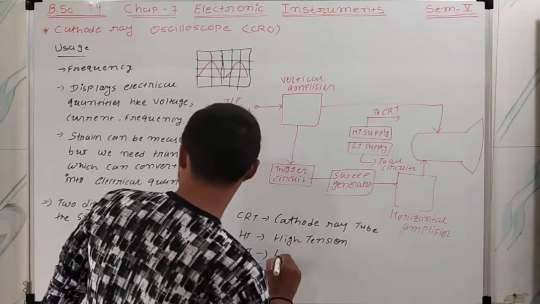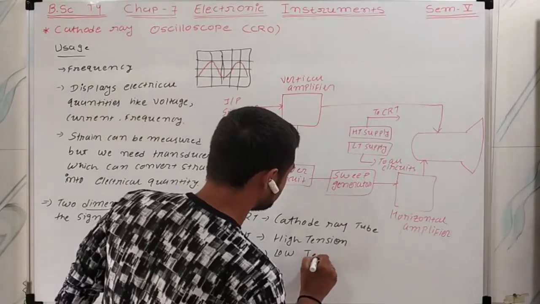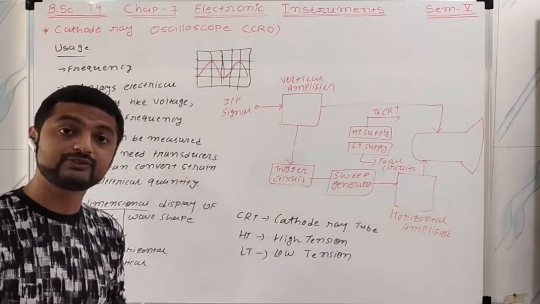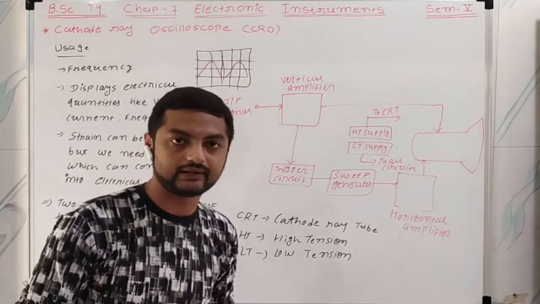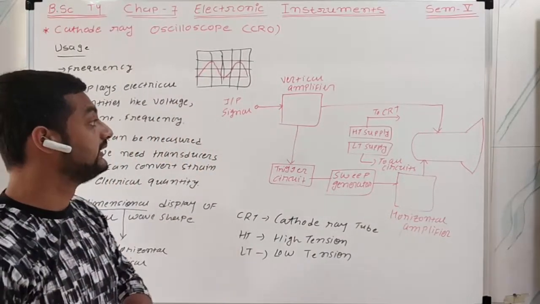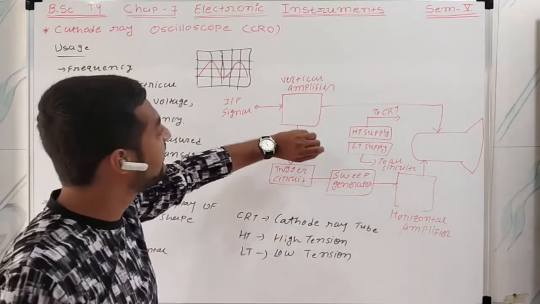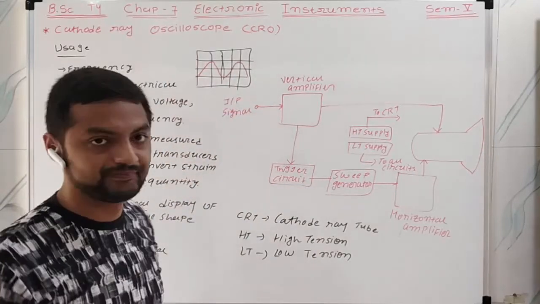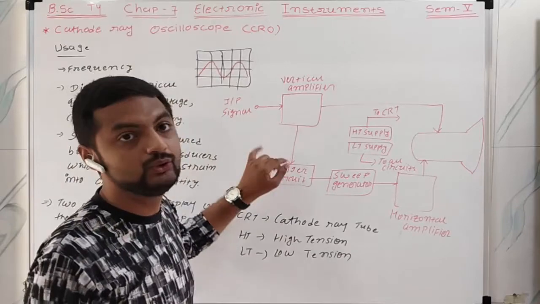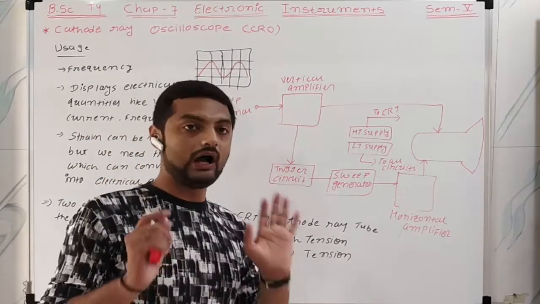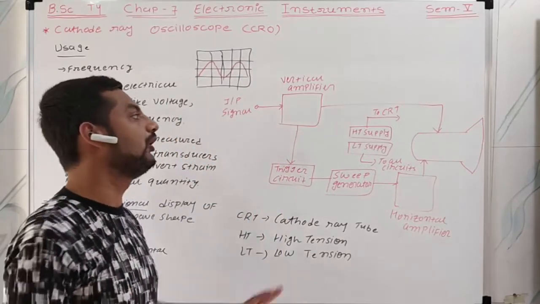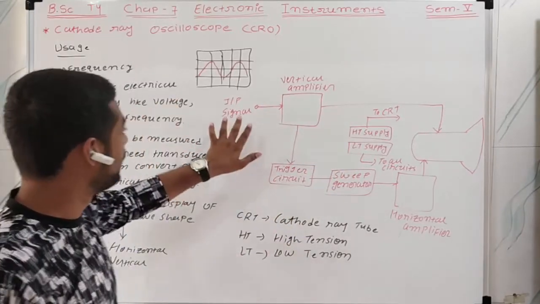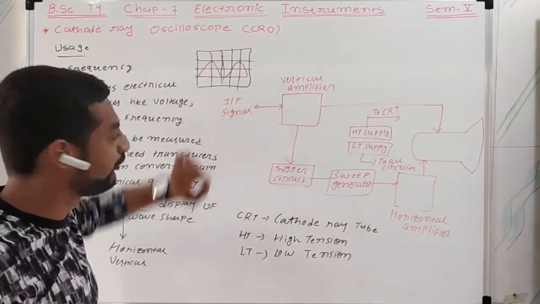LT is low tension. So these are the full forms of this block diagram. So first let us understand this basic block diagram of CRO. I am telling you the working of all the components connected in this CRO, right? So first one is the input signal.